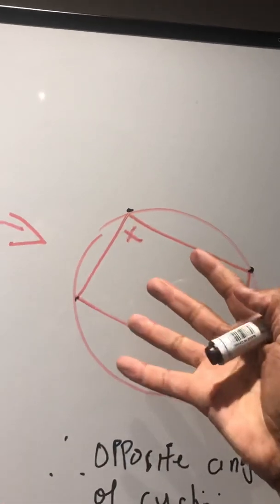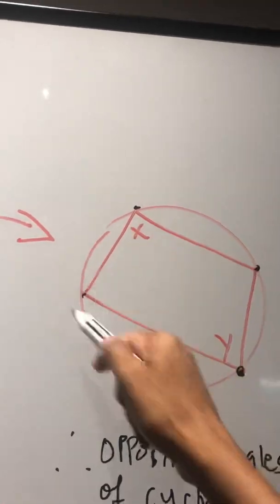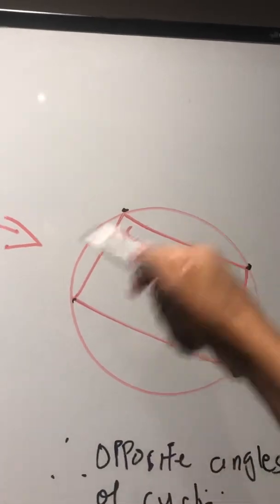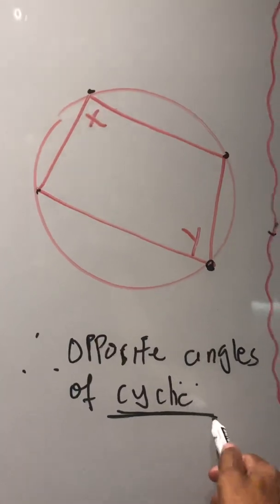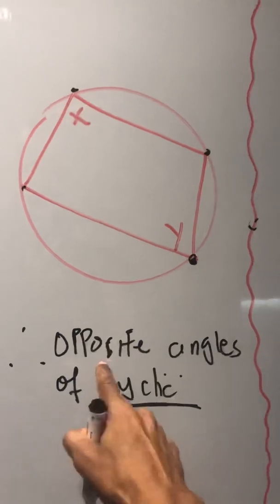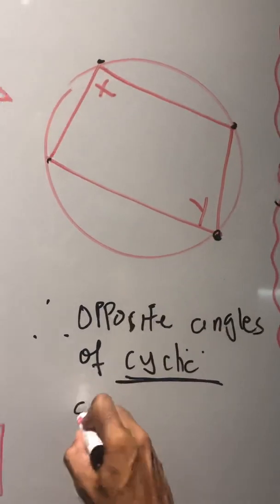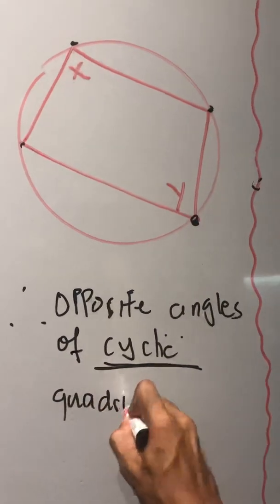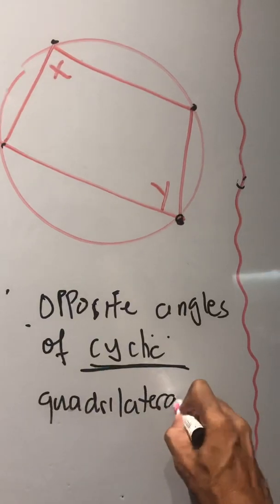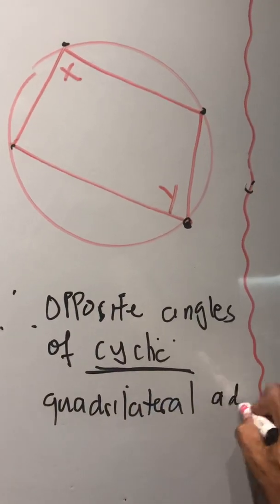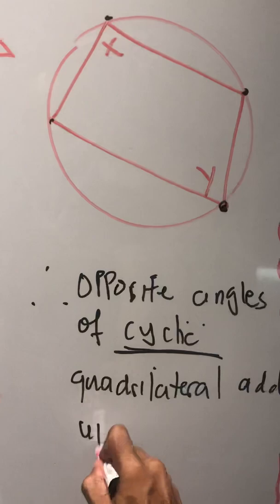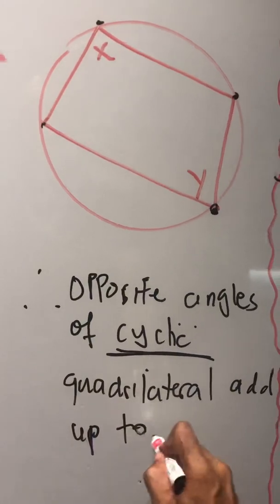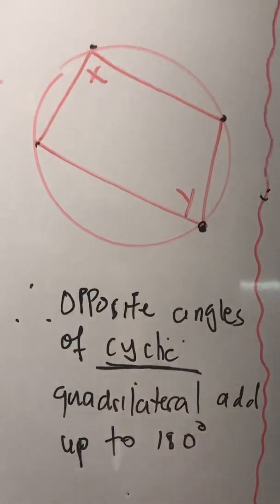It's a four-sided shape with all the corners touching the circumference. That's why it's called a cyclic quadrilateral. So I'll say the opposite angles of a cyclic quadrilateral add up to 180.